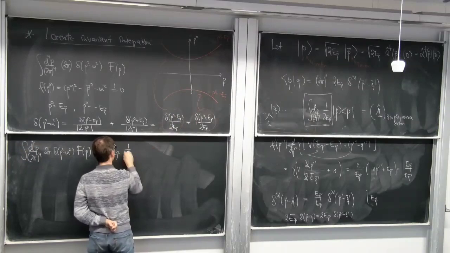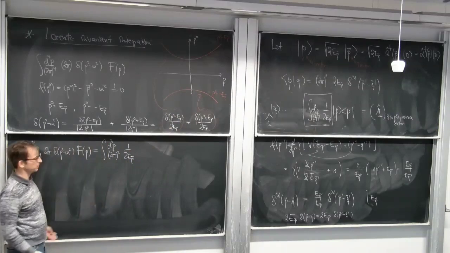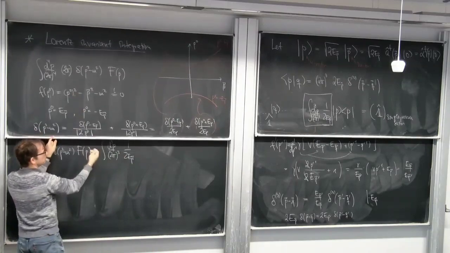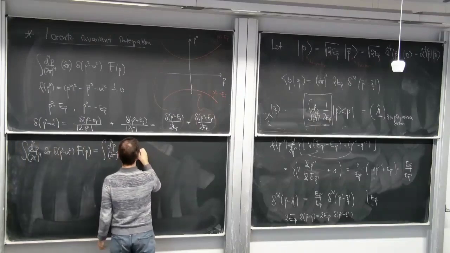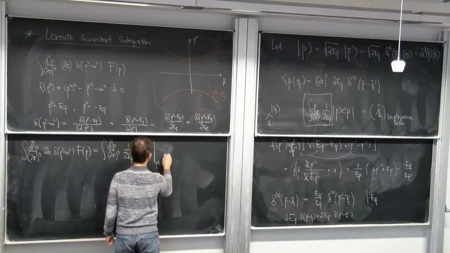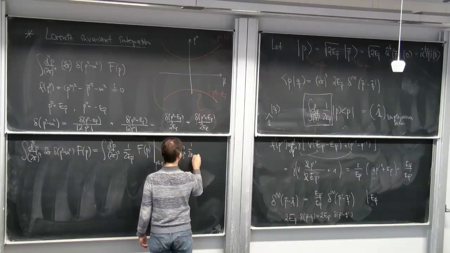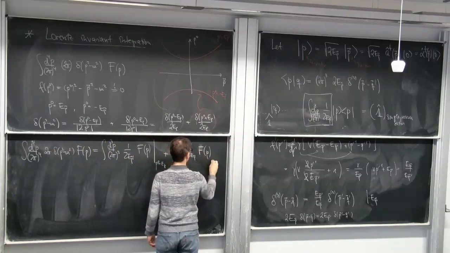I have this factor 2E_p. Now you know why the 2 is everywhere coming with the E, because it appeared here. It appeared here because it was in the derivative. And since it's here, they are married and then they go everywhere together. And then f of p with p0 equals E_p, plus integral d3p over 2 pi cubed, 1 over 2E_p, f of p with p0 equals minus E_p.